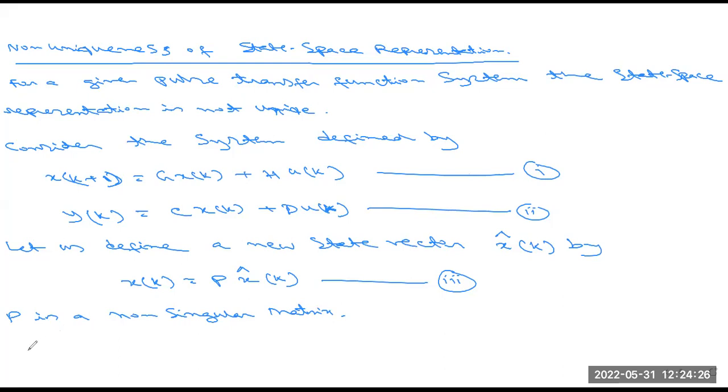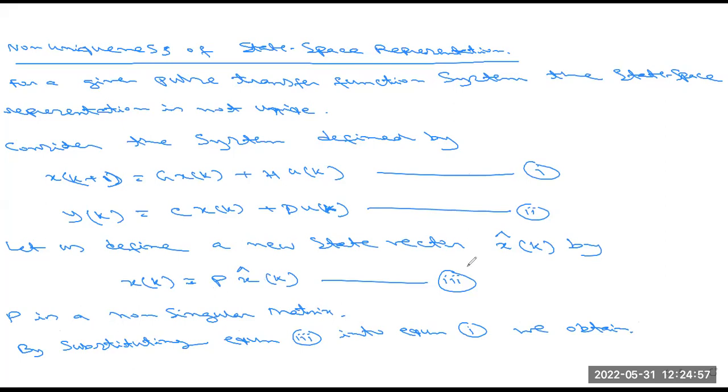So by substituting equation 3 into equation 1, we obtain P x vector k plus 1 is equal to G P x vector k plus H of u k.